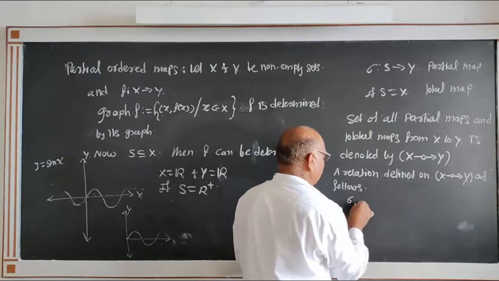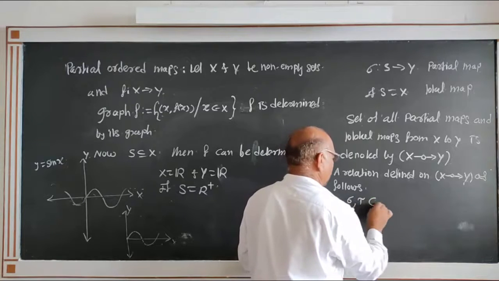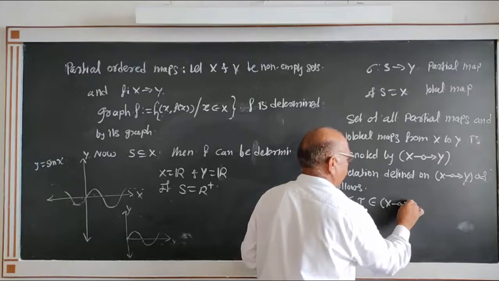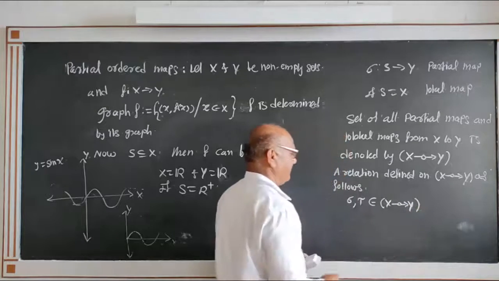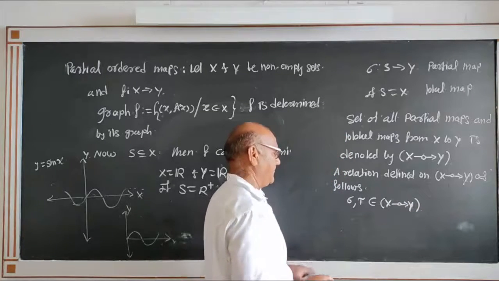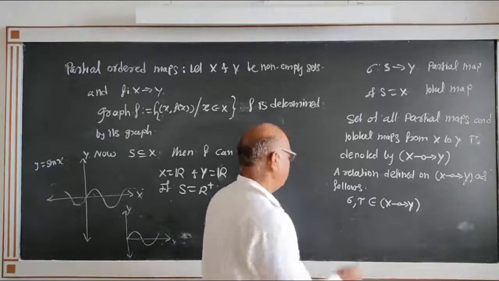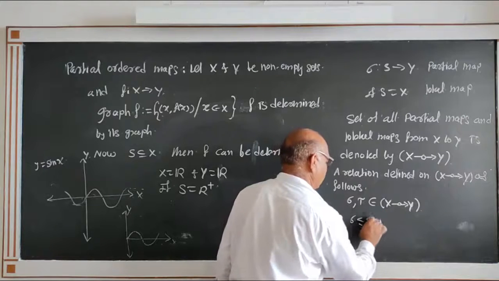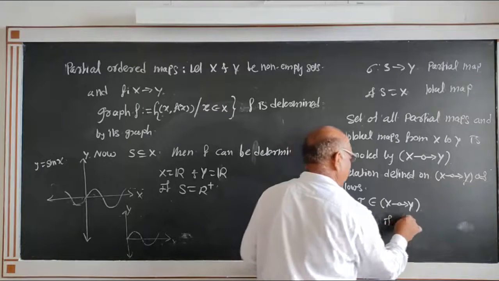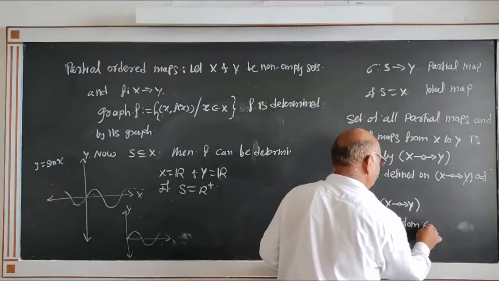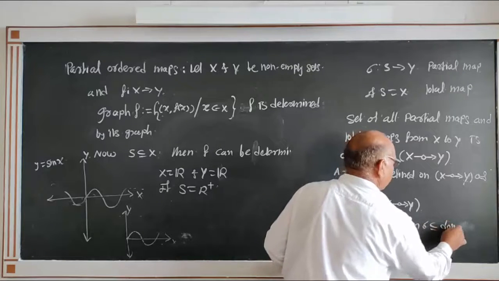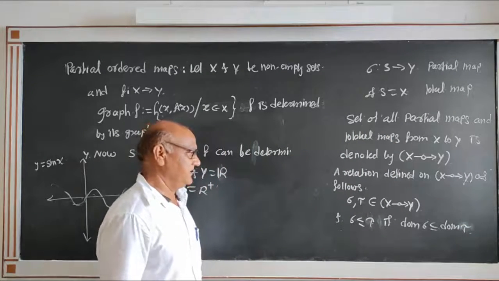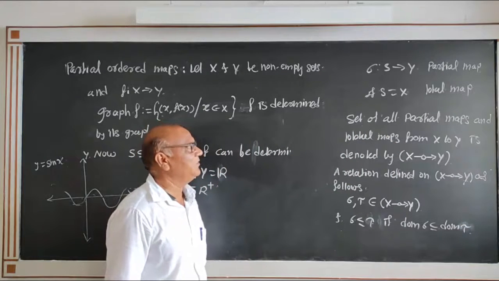Here sigma and tau belong to this set, and sigma is related to tau if domain sigma is a subset of domain tau.